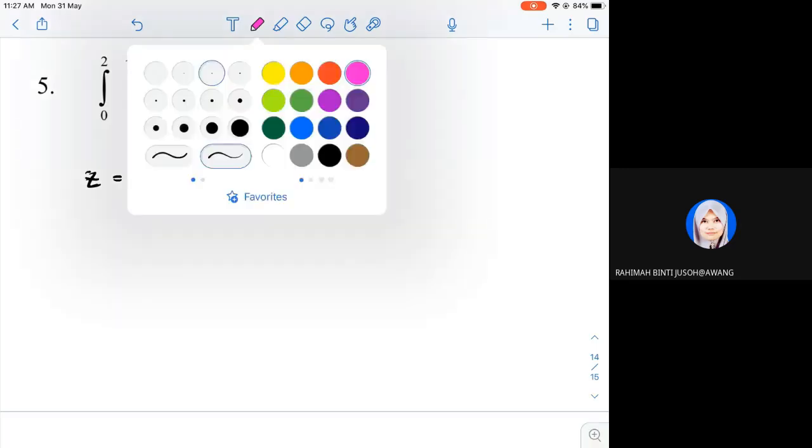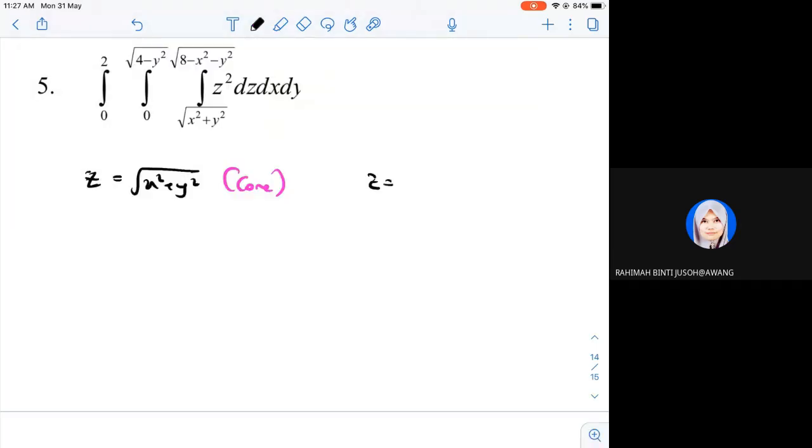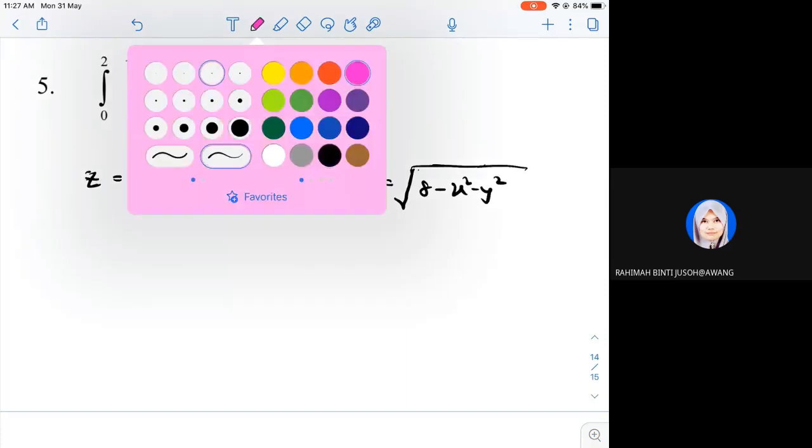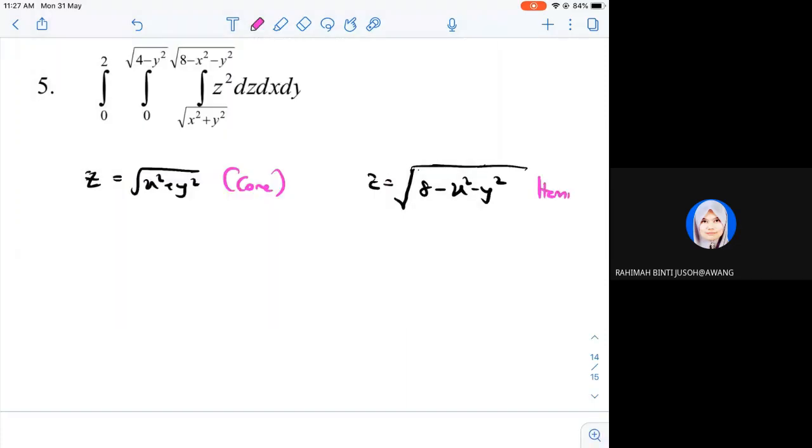And then another one is z equals to square root of 8 minus x squared minus y squared. So we know that this is a hemisphere. Okay, now we know it has a cone and it has a hemisphere.